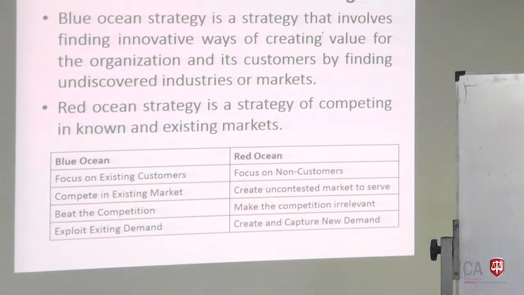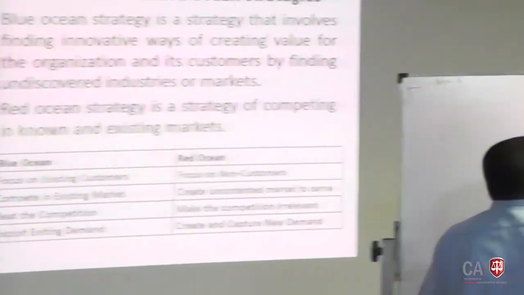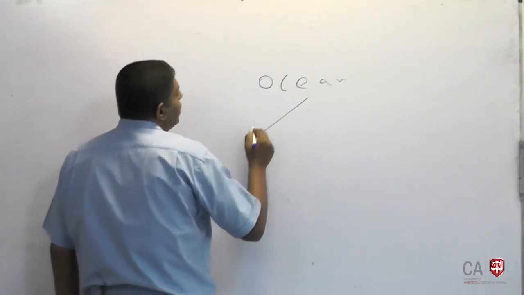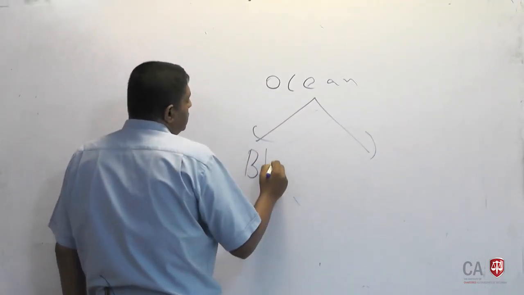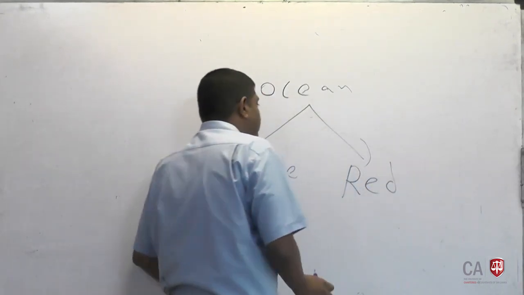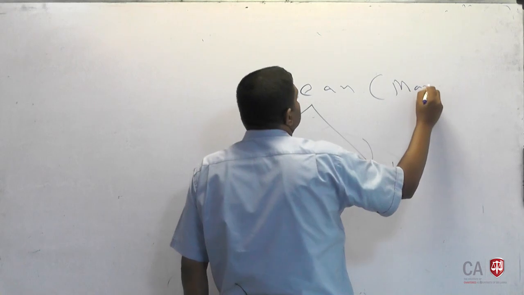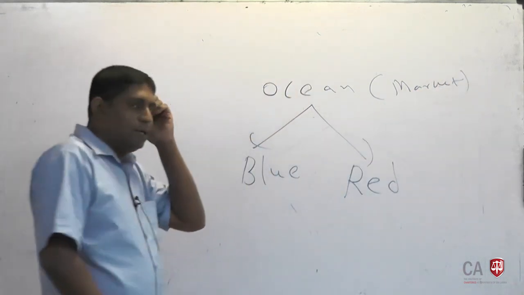Blue ocean and red ocean strategy. Now, here we identify two types of oceans, blue oceans and red oceans. Here ocean means the market.